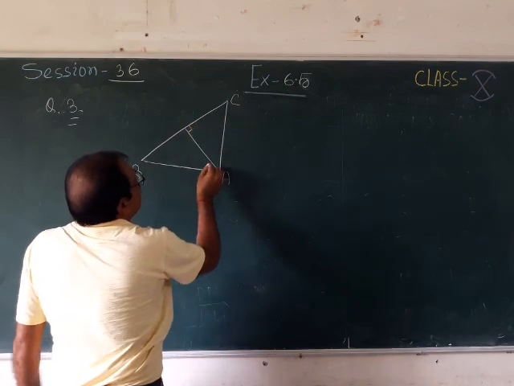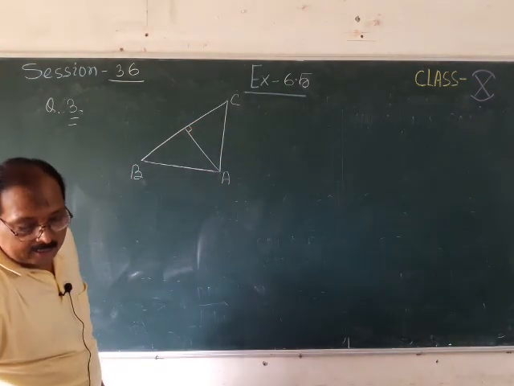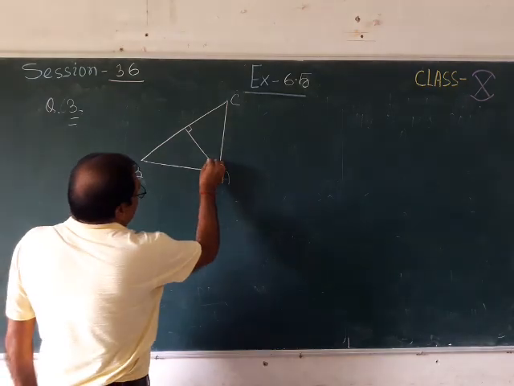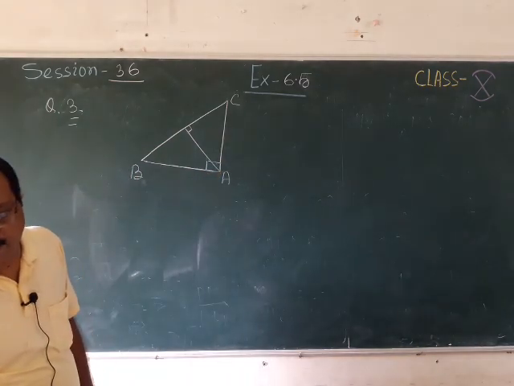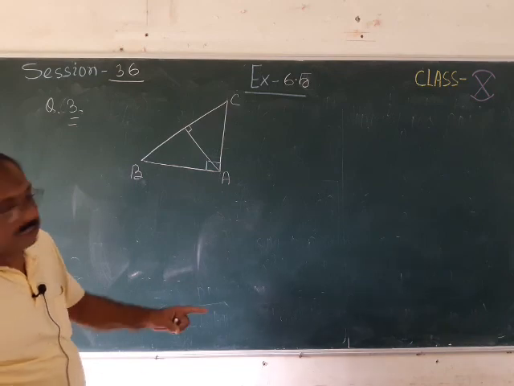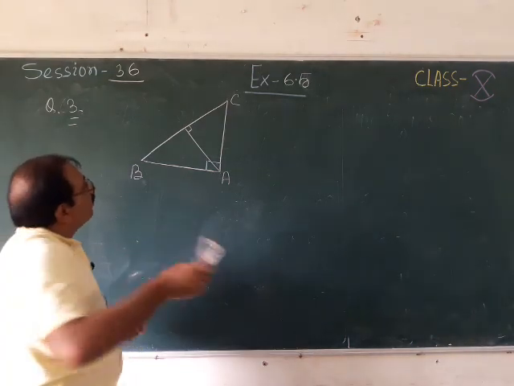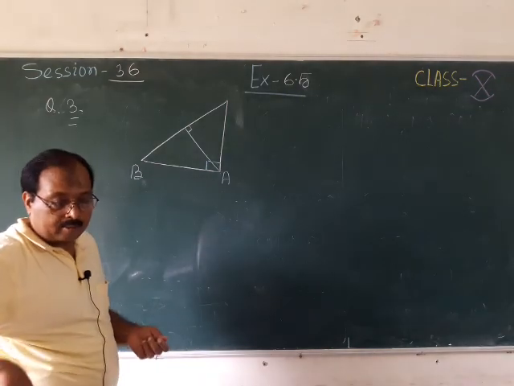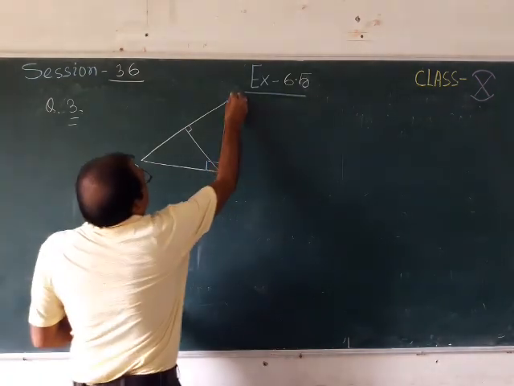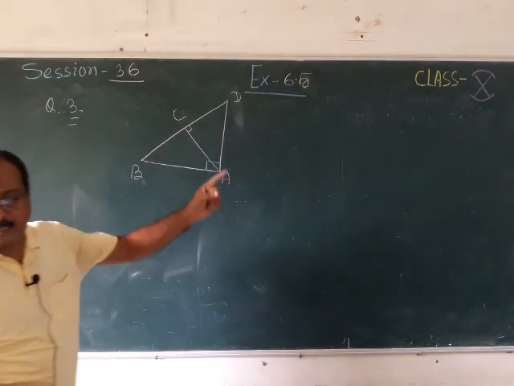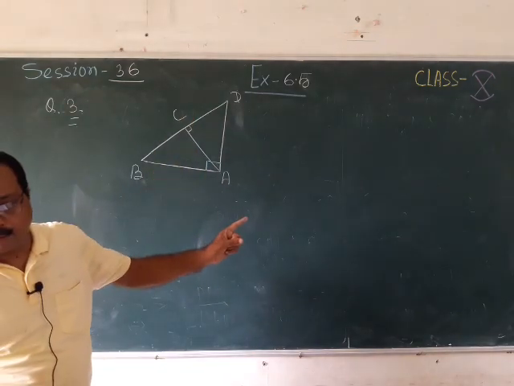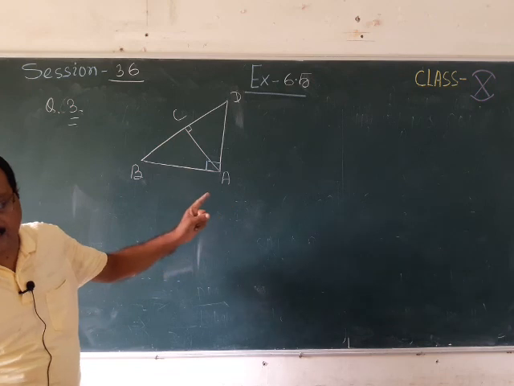Here it is clear that angle A is a right angle. So in the given figure, ABD, here it is D, and here it is C. So ABD is a right angle triangle, right angled at angle A.